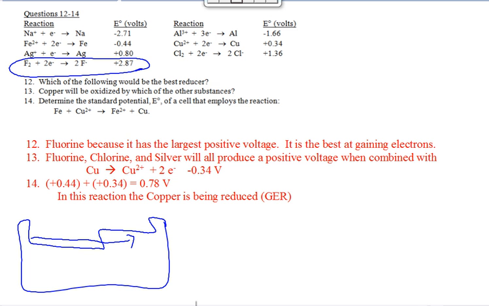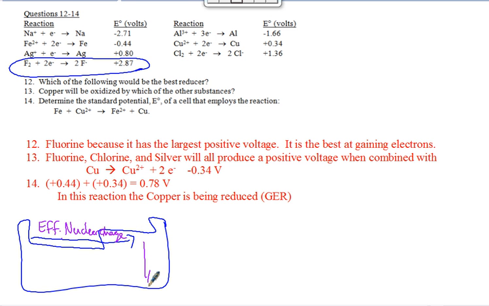As you go across the periodic table, the strength of the atoms increases because the effective nuclear charge is increasing, but the shielding effect is not.